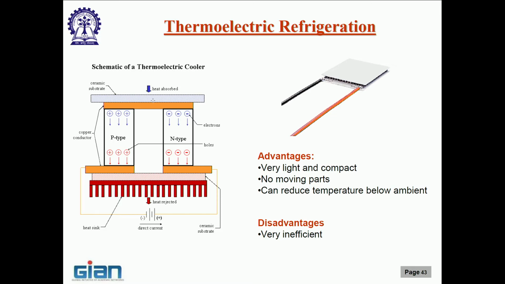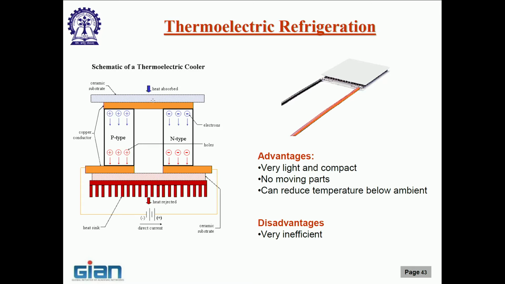The COP of a thermoelectric is low, 0.3, 0.2. But again, it is very small, very compact, and can be put at certain locations. You do not have to think about bulky parts like in a regular refrigeration system. So, that way it is very handy, but inefficient, right.